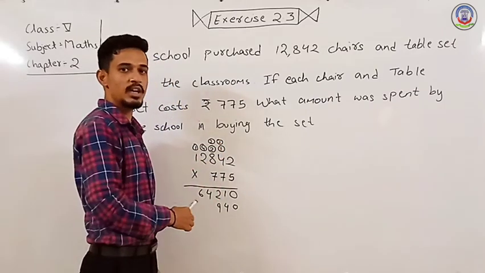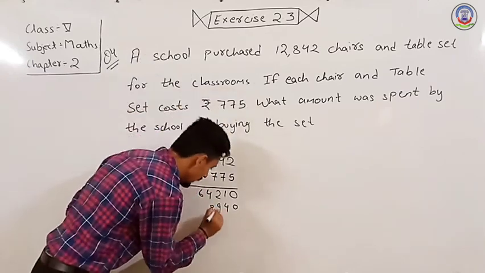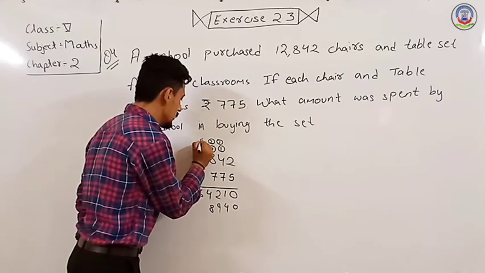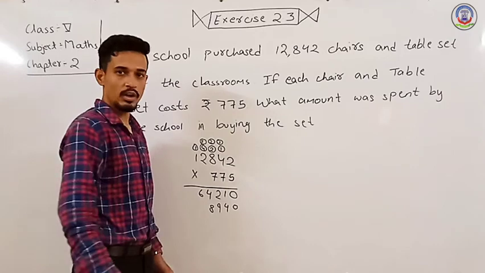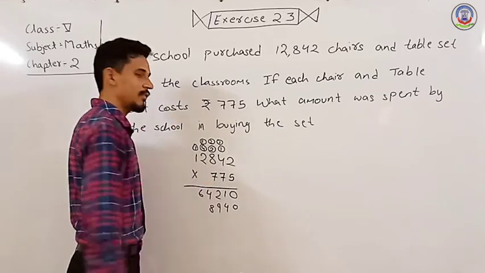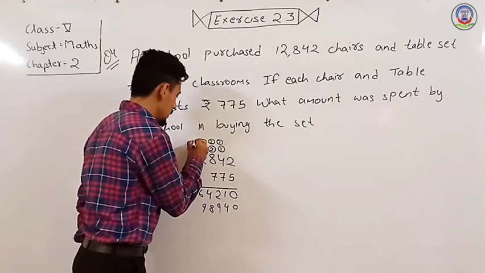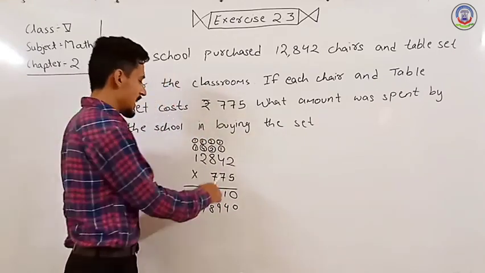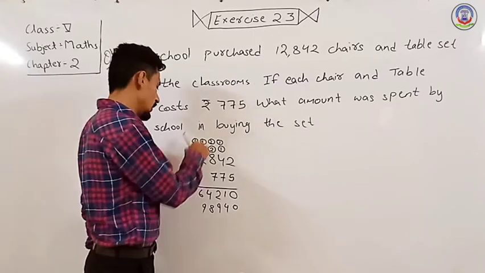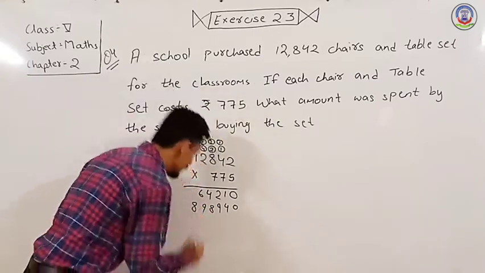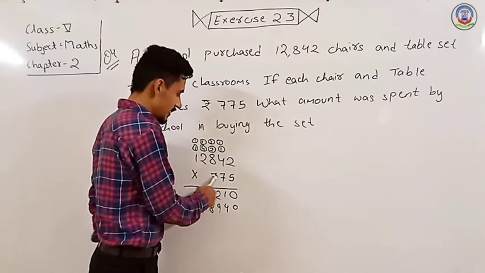It is 56. 56 added 2 is 58. We write 8 here and 5 goes to carry. Next we have 7 multiply 2. It is 14. 14 plus 5, 19. So 9 here and 1 here. Next we have 7 multiply 1. It is 7. When we add 1 to it, it is 8.